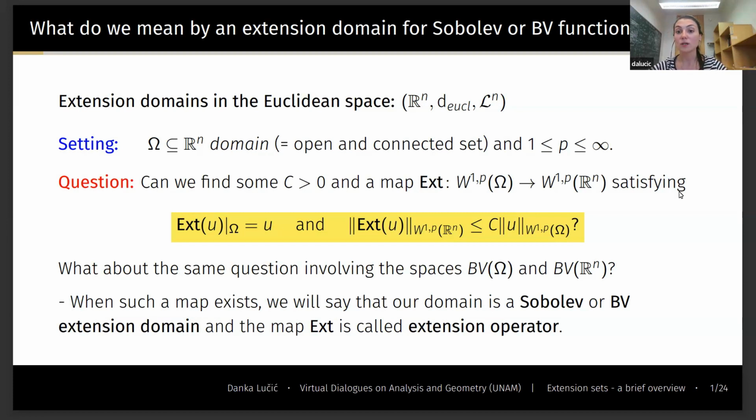I just recall here that we are talking about functions that are p-integrable and whose distributional derivative exists and is p-integrable in the case of Sobolev functions, and in the case of BV functions, the distributional derivative exists as a measure. When we have such an extension map, we say that the domain is a Sobolev or BV extension domain, and the map itself is called an extension operator.